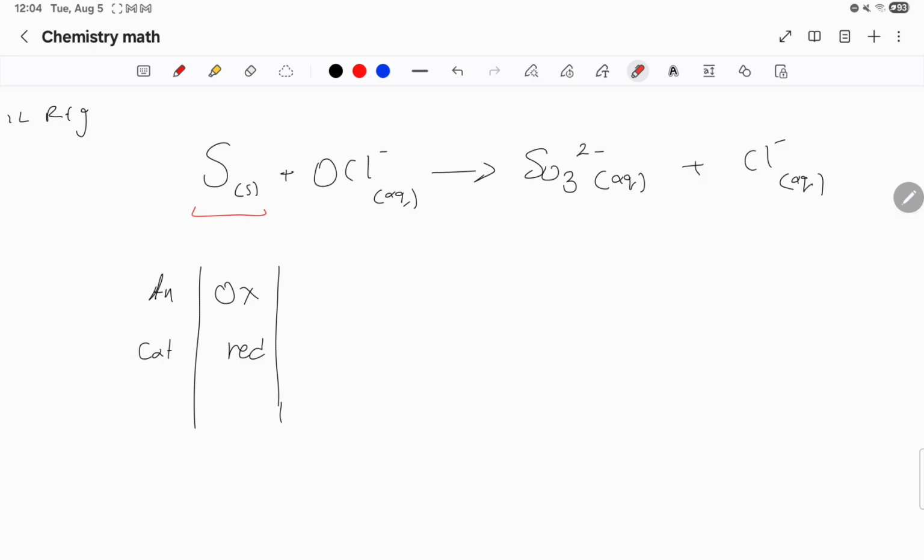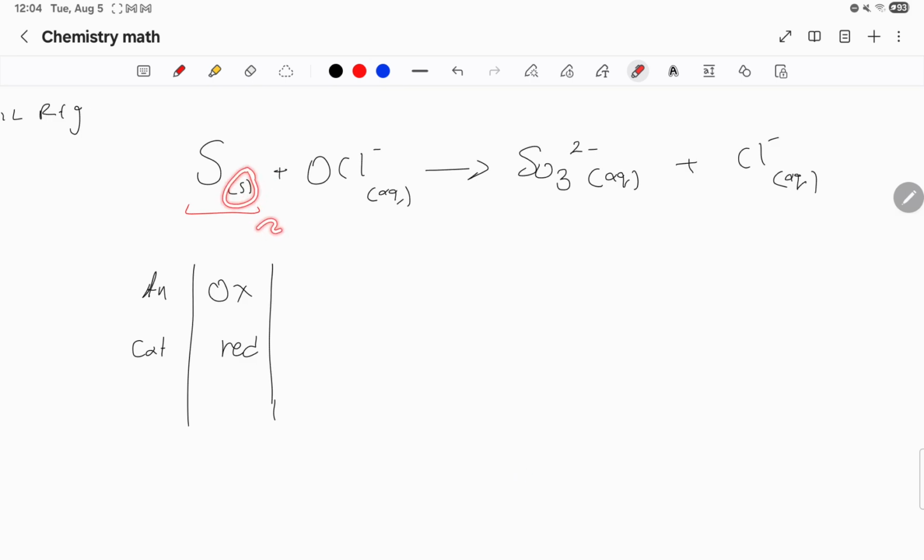Another thing I will say is solids, like monoatomic solids like this, don't have a charge. It's just 0. Or oxidation number, not charge.